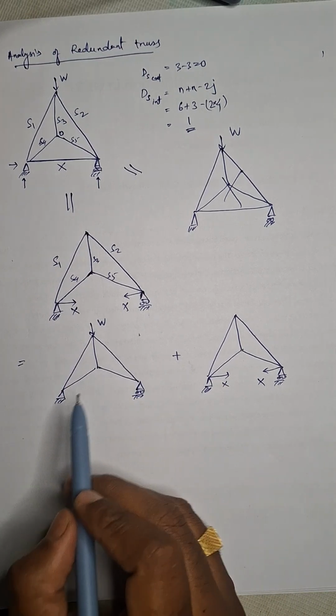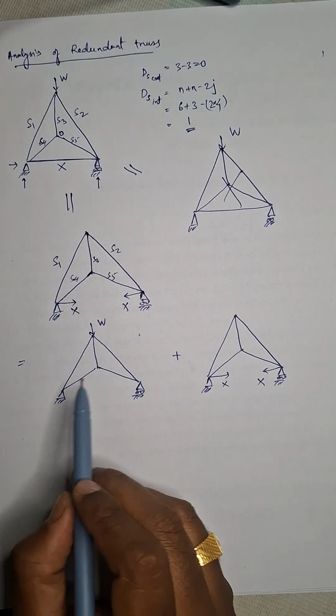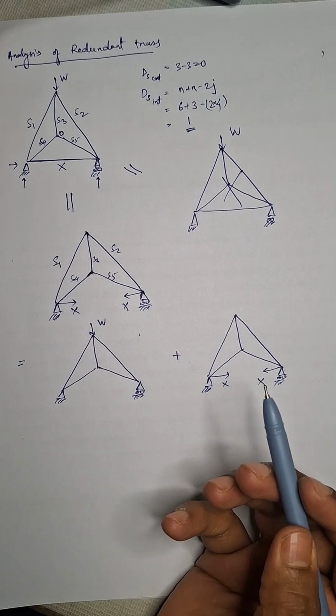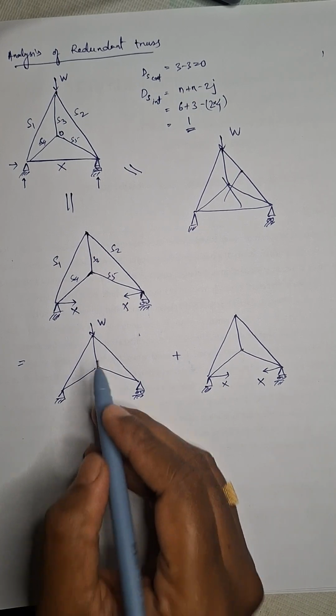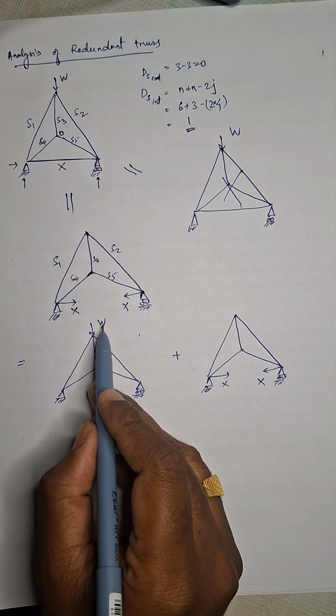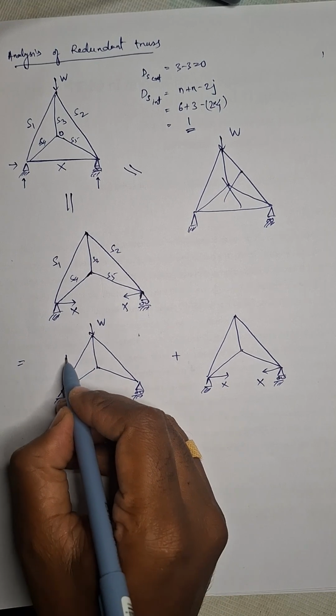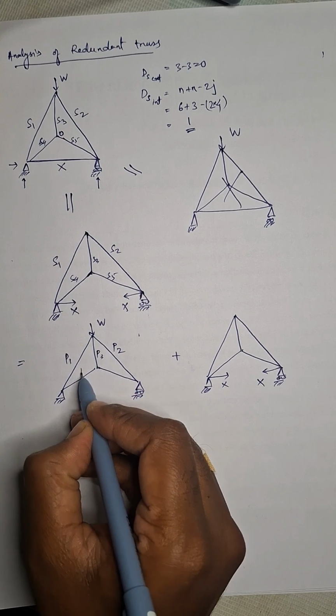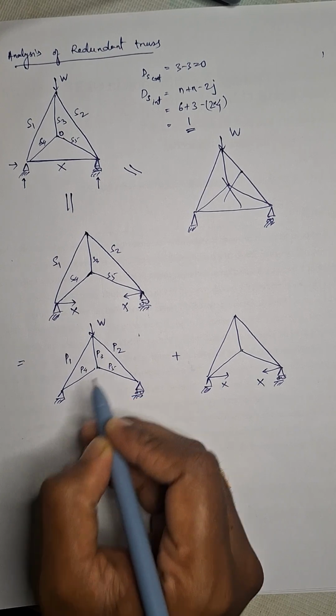Now this is a statically determinate structure, so we can easily find out the member forces by applying composition and resolution technique. So now let's consider this. Due to this loading condition, the member forces are P1, P2, P3, P4 and P5.